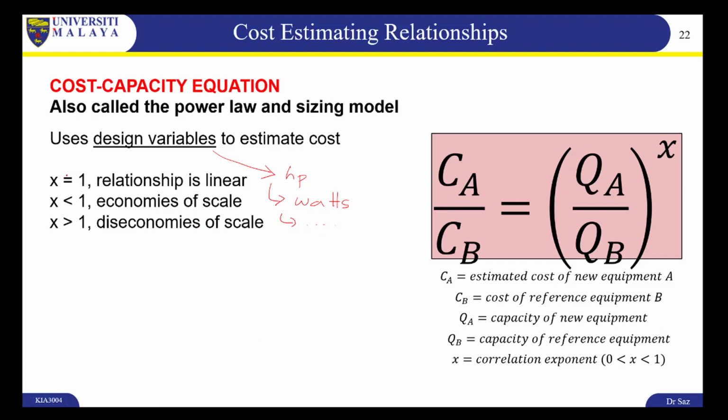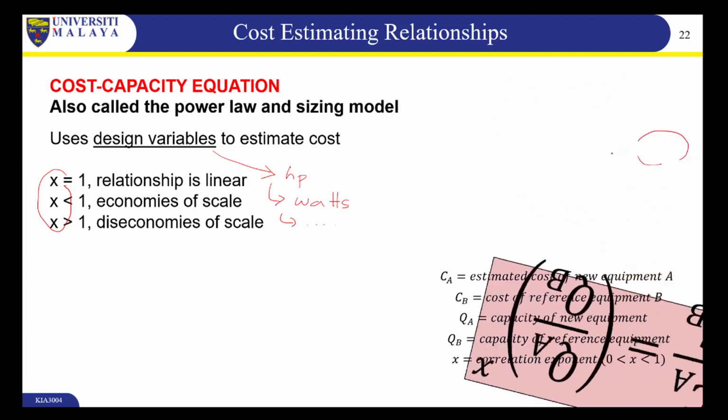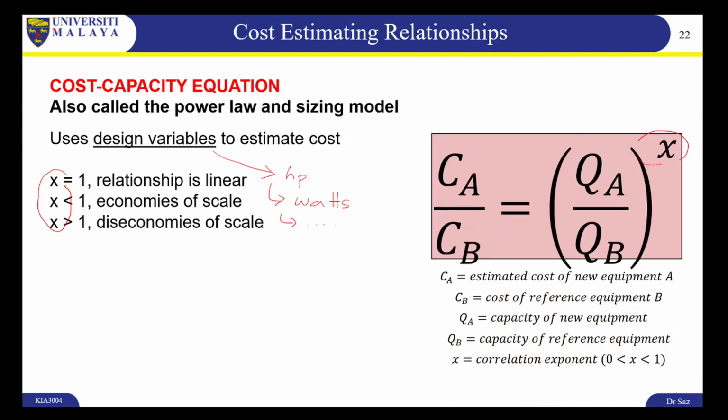And we have these values of x, which are right up here. So if x is 1, nothing's really different. It's just that the relationship is linear. But if x is less than 1, then economies of scale are in effect, which means that the product is manufactured at a very efficient rate.